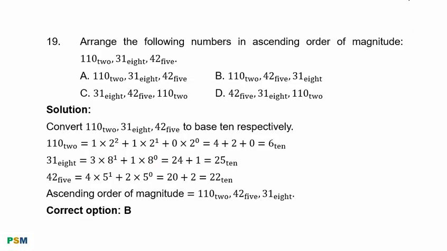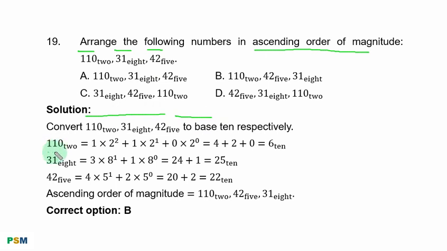Question 19. Arrange the following numbers in ascending order of magnitude: 110 base 2, 31 base 8, 42 base 5. Solution. Convert each number to base 10 respectively.